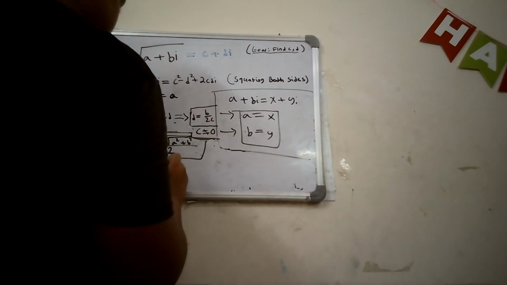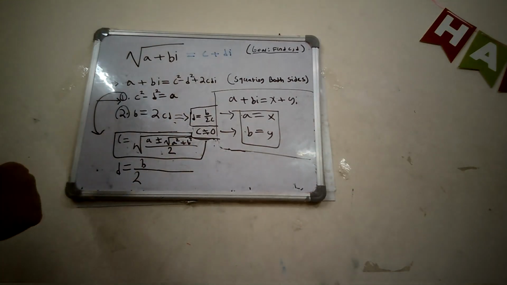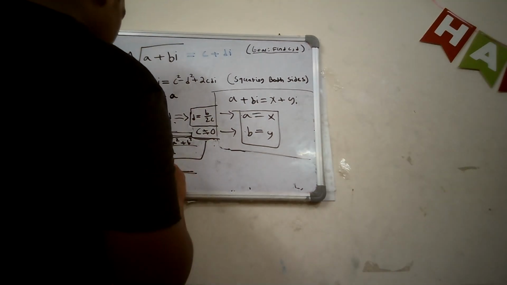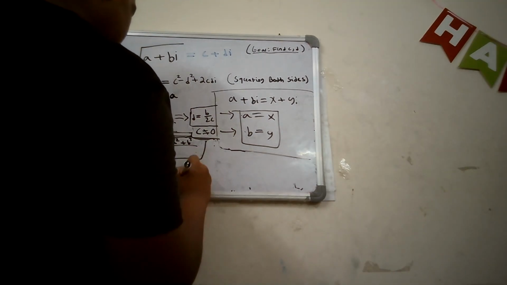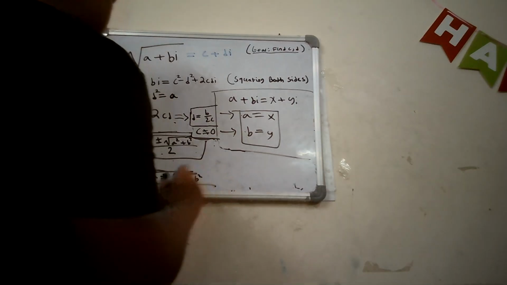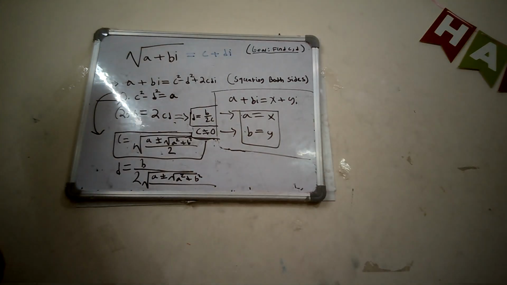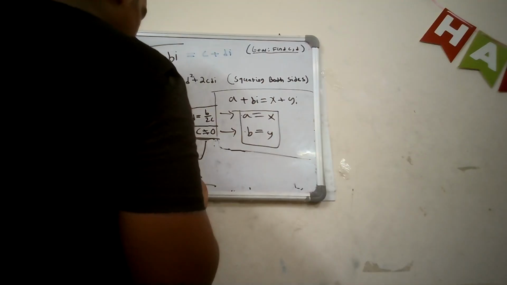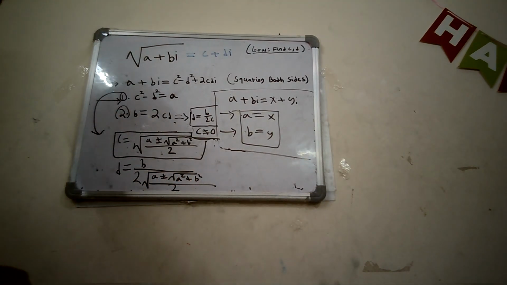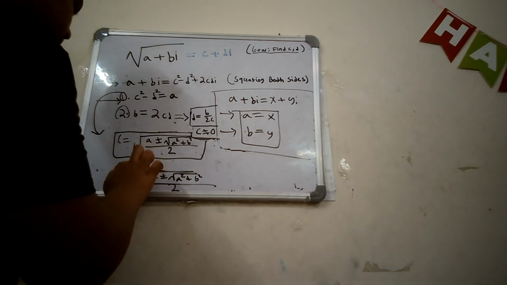So look, now 2 into the square root of a plus or minus the square root of a squared plus b squared upon 2. Good. Okay, good. So now we have, okay, wait. Let me put the denominator b.